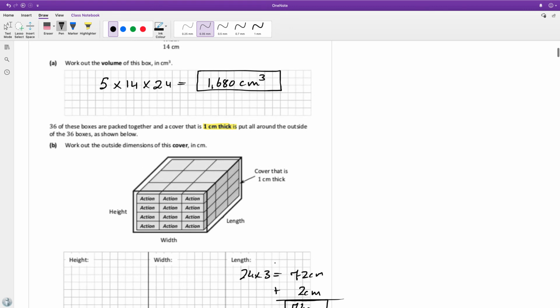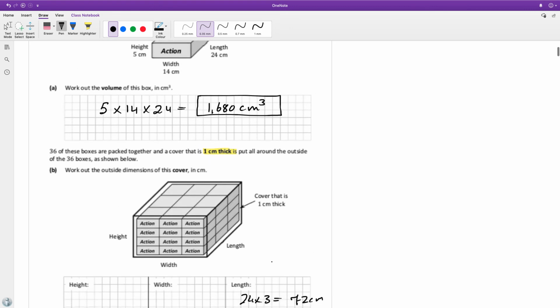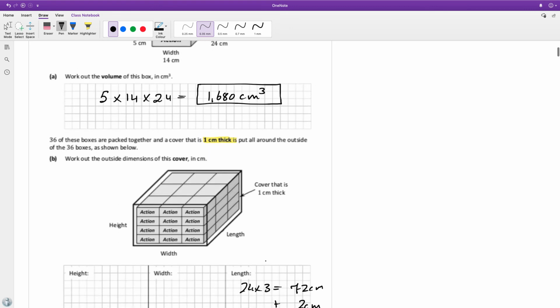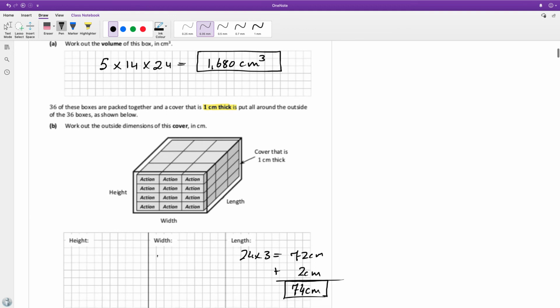Then you get the width. Good girl. And the last one.